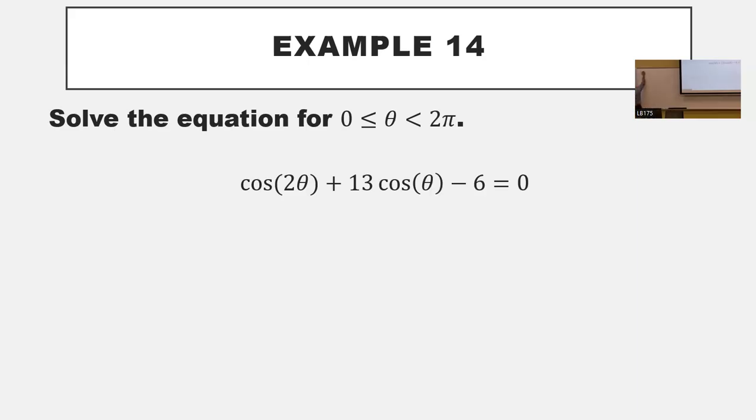Here we have cosine of 2 theta plus 13 times cosine of theta minus 6 is equal to 0.